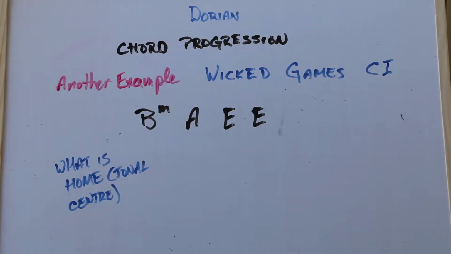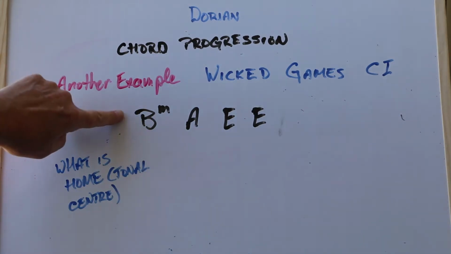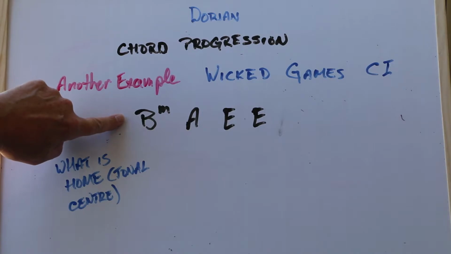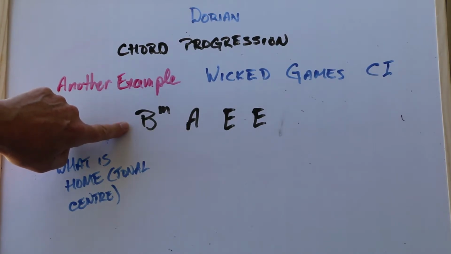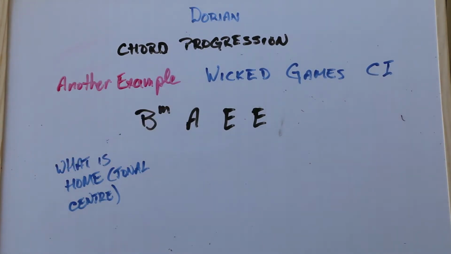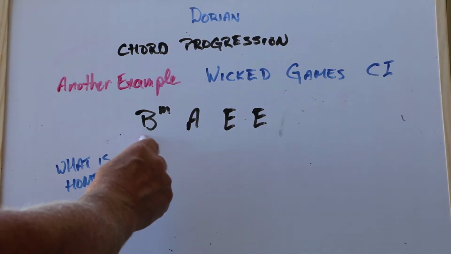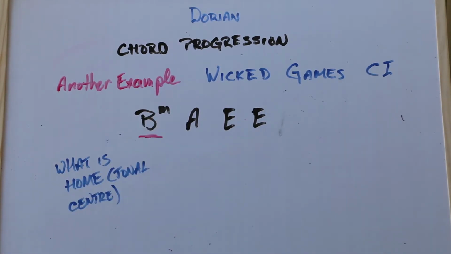Okay, so here's another example of a chord progression in the Dorian mode. Wicked Games by Chris Isaak. This chord progression repeats itself over and over: a bar of B, a bar of A, and 2 bars of E. What is the tonal center of the song? Well, the tonal center of the song is B minor.